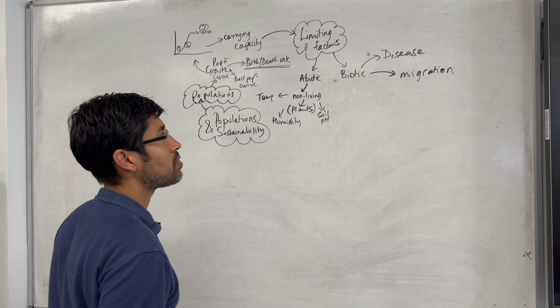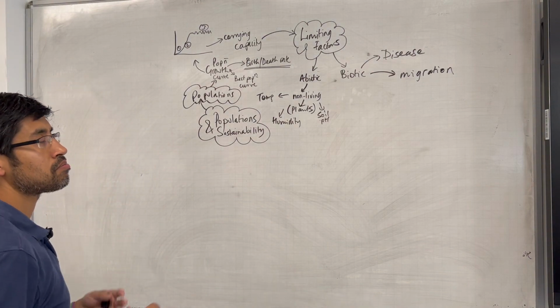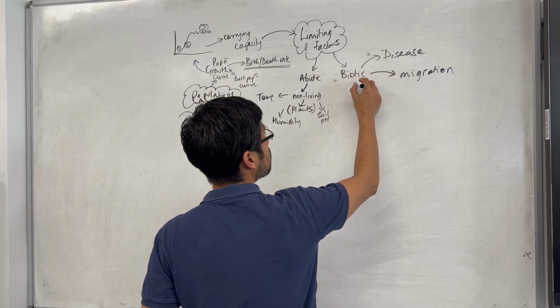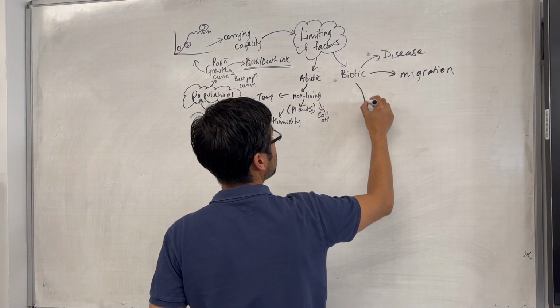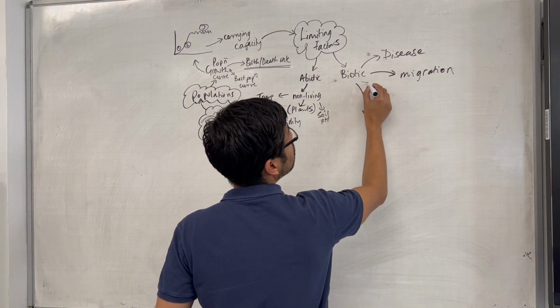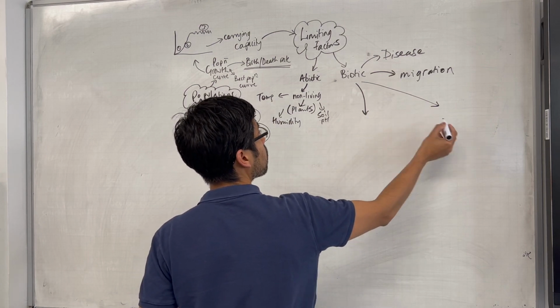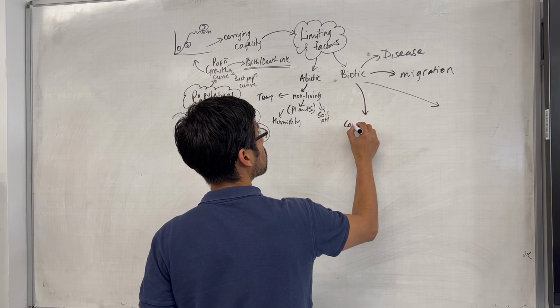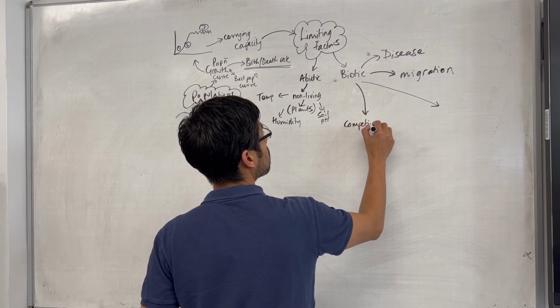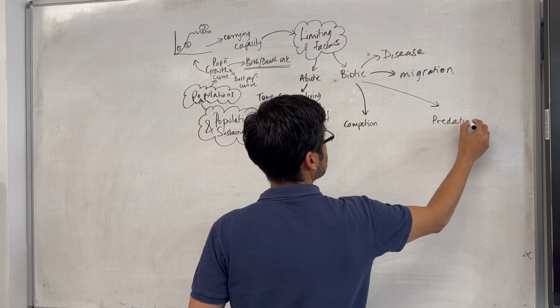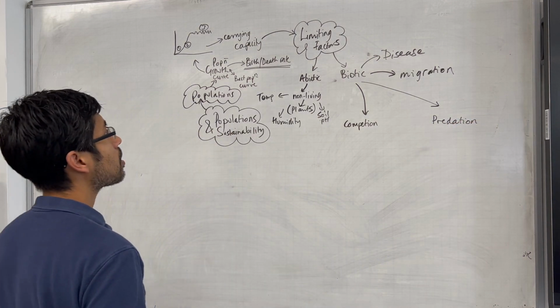Again, I've put this under a biotic factor, but it might not be. And then we've got our two topics that we will talk about in a bit more depth, right? Which are competition and predation.